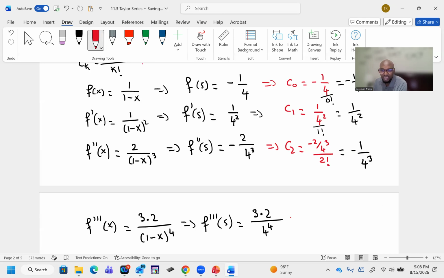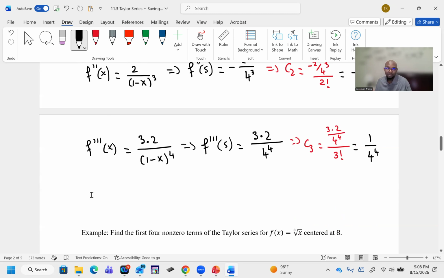From there, we can see our C3 will be 3 times 2 divided by 4 to the power of 4 over 3 factorial. The 3 factorial and 3 times 2 will cancel out, which will give me 1 divided by 4 to the power of 4. I will do a last one so you will see exactly what is happening.